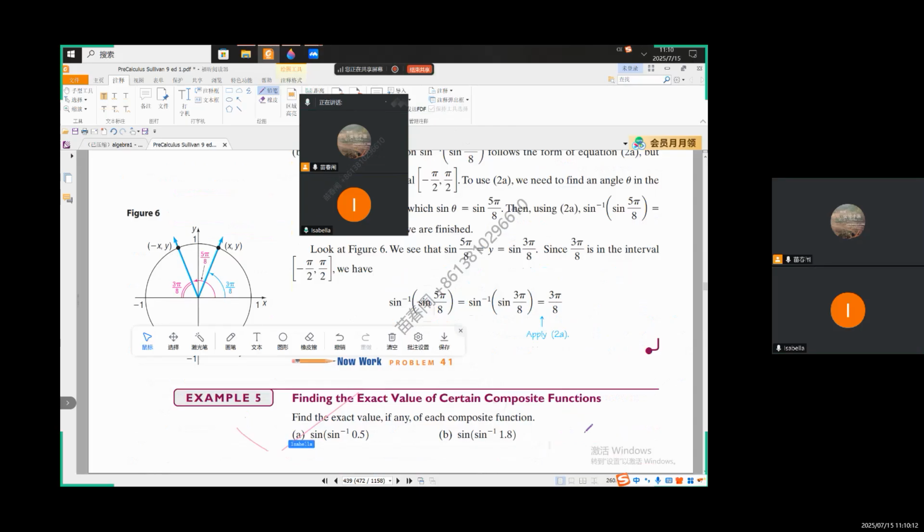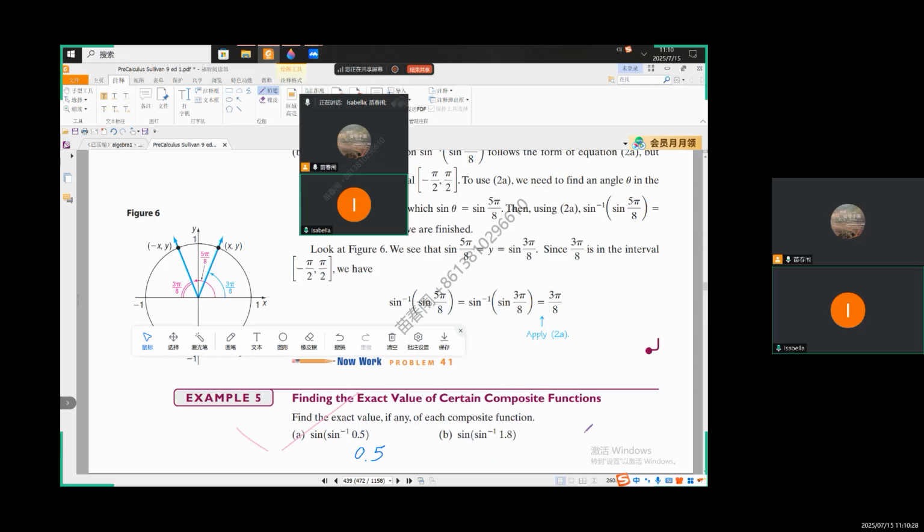What is it? 0.5, right? 1.8 would be around.